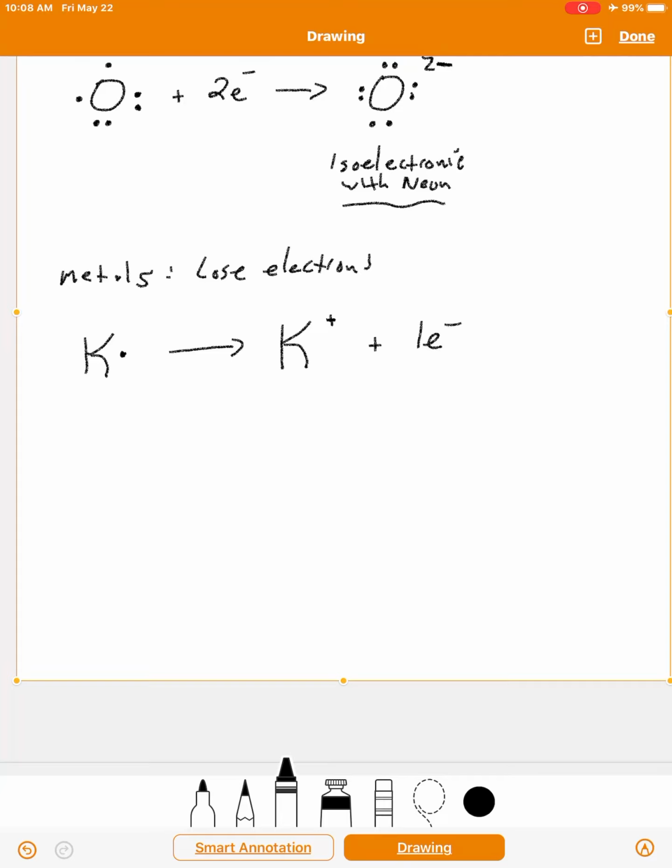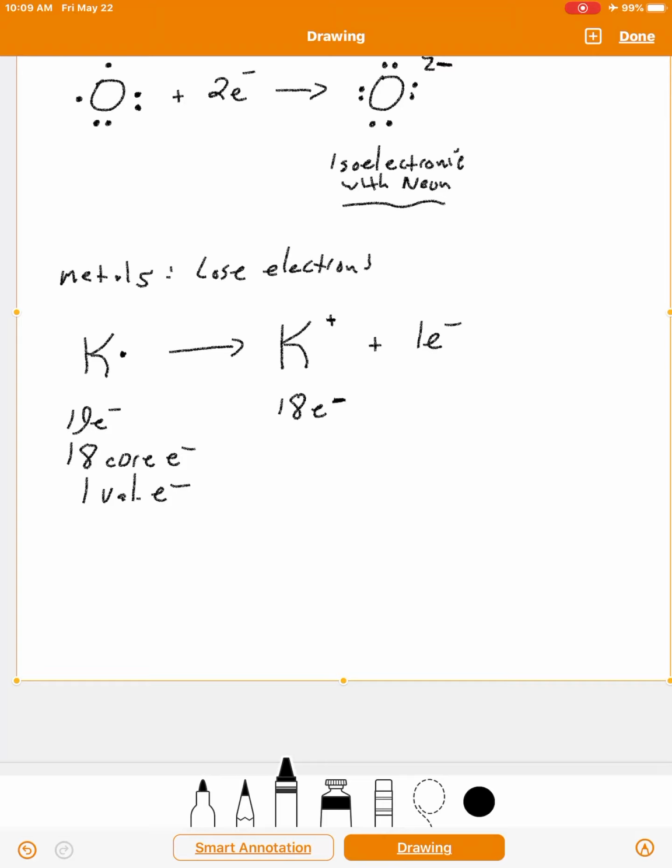Look what happened. We took the dot away. It doesn't have any dots anymore. Why no dots? Because there was only 1 valence electron to lose. So potassium tends to lose 1 electron, whereas oxygen tends to gain 2 electrons. So why K+? What's stable about K+? Well, K+ has 18 electrons because potassium has 19 electrons, 18 core electrons, 1 valence electron.